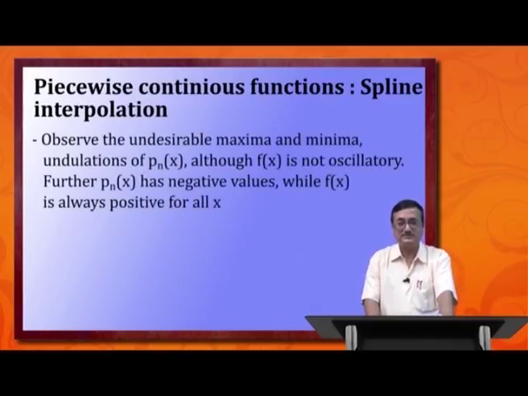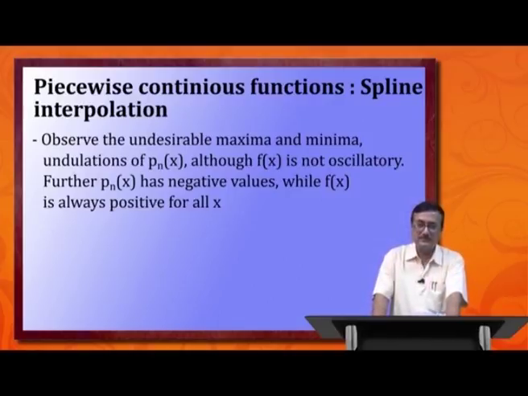You should observe that the interpolating curve has a number of undesirable ups and downs, maxima and minima. Although the values are not very different from y = f(x) = 1/(1+x^2), so far as the slopes are concerned, they differ a lot from the original one.